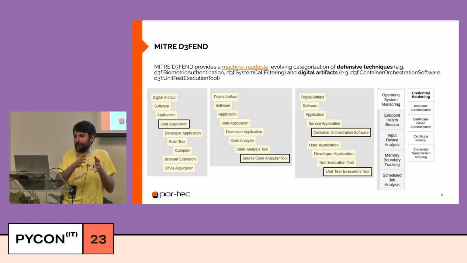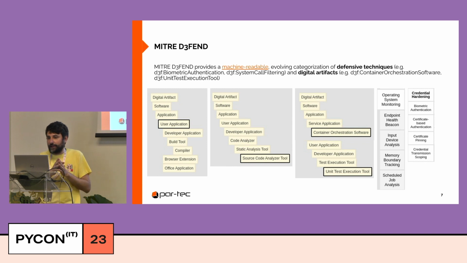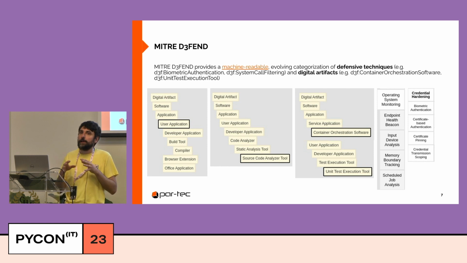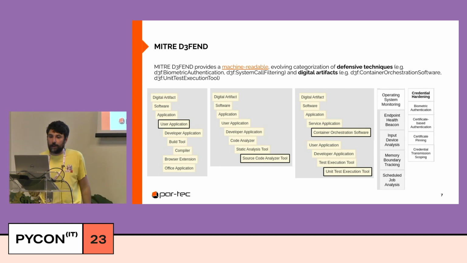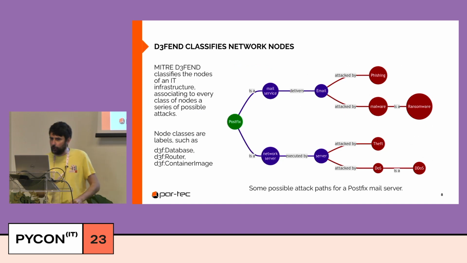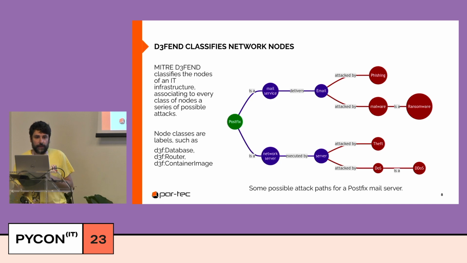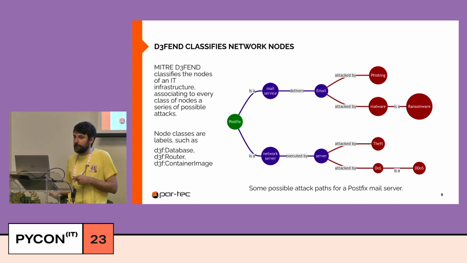We have different mitigation techniques, defensive techniques, credential hardening, and this shows the complexity that we have to target when we want to have a methodology for defining a secure profile of our application. So D3FEND classifies network nodes, associating to every class of nodes, to every artifact, a series of possible attacks. The digital artifacts can be databases, routers, container images.